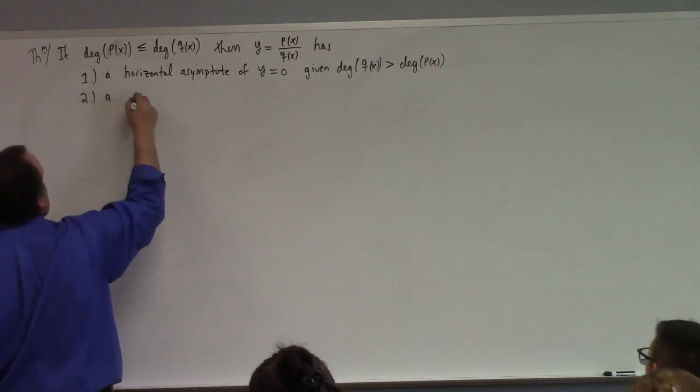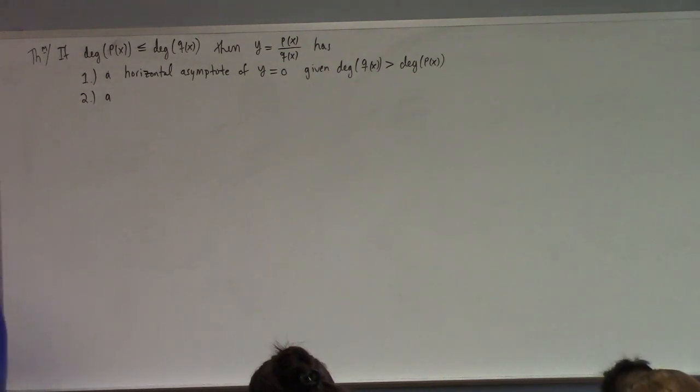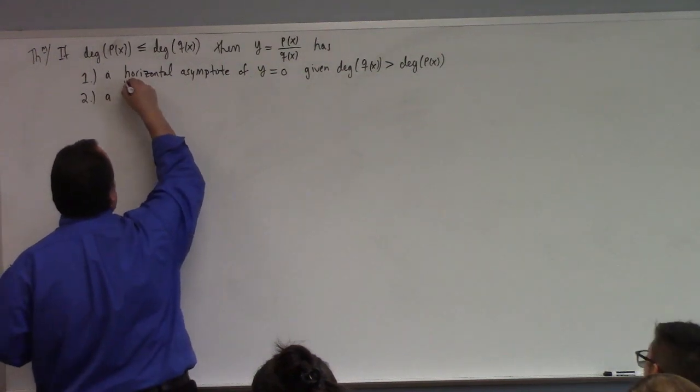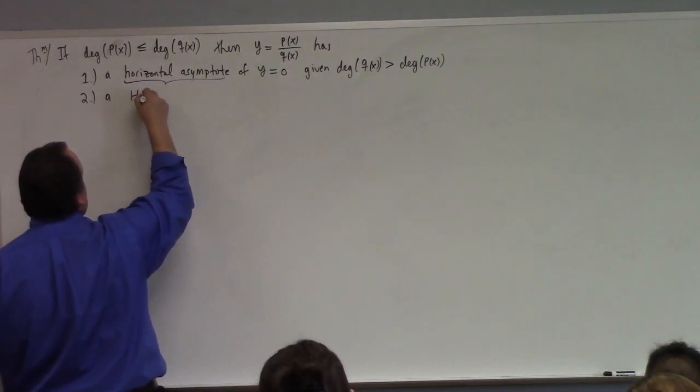and let's not keep writing horizontal asymptote, because who wants to write that, right? So let us abbreviate this as HA.